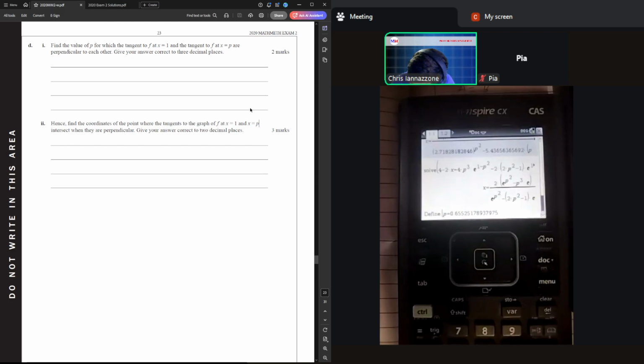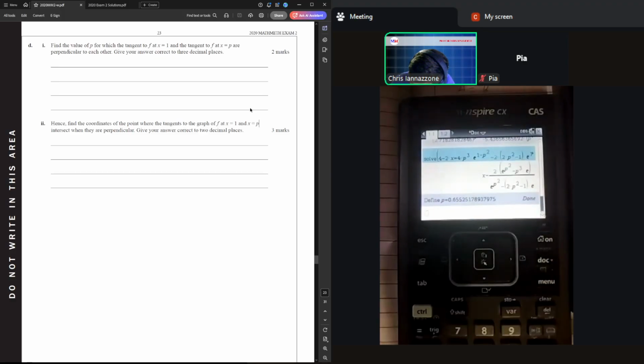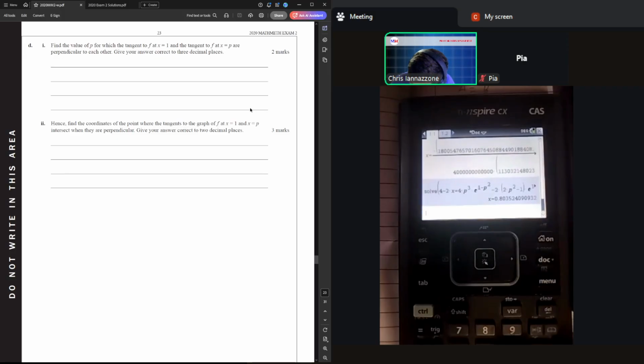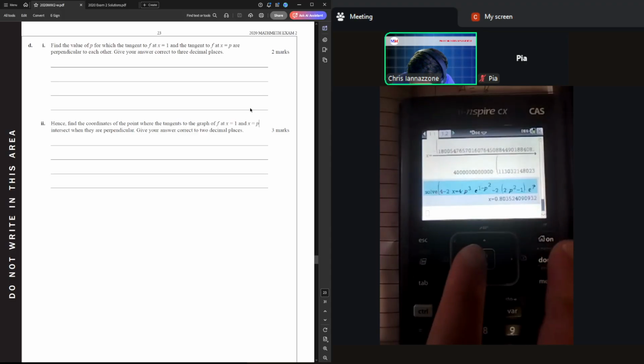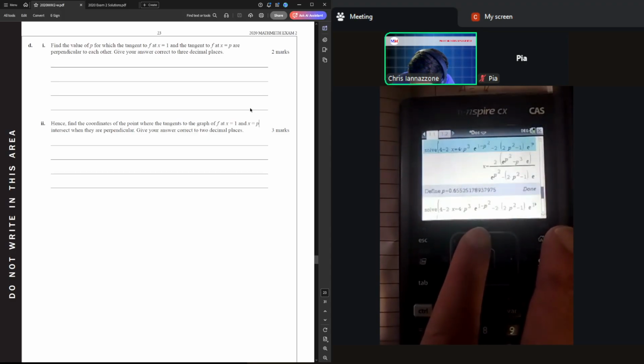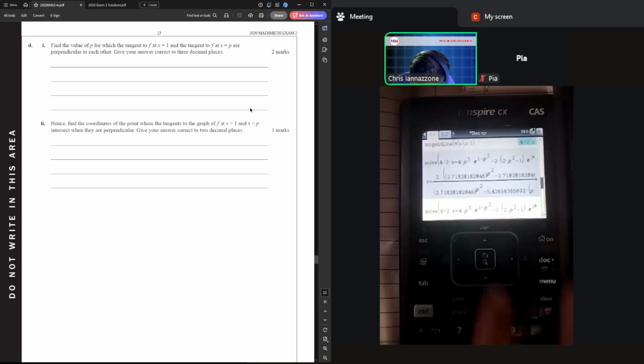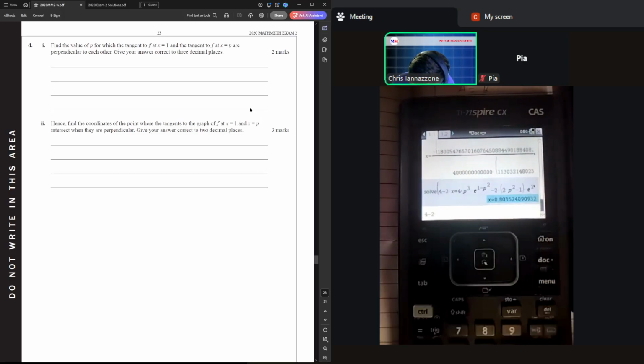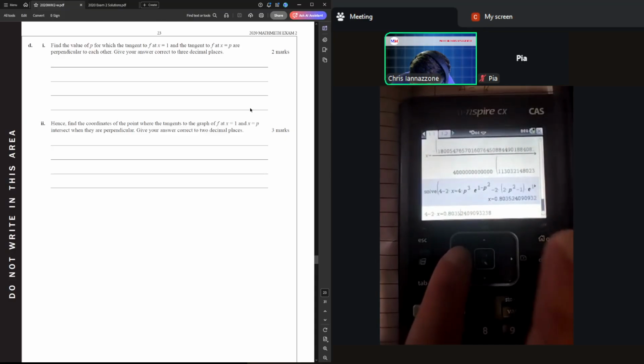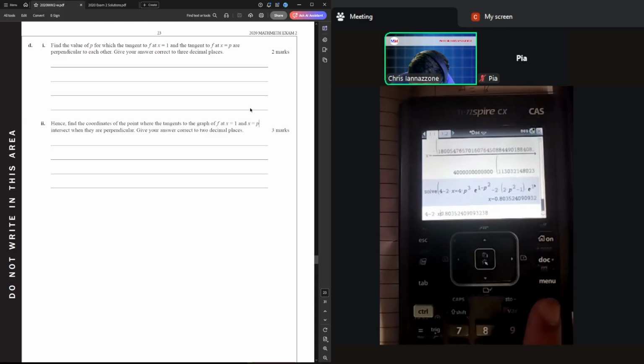Fine. That'll fix this up. I'll enter. Yep, cool. And then just shove that back into any of the functions. Doesn't matter which. Obviously, one is going to be significantly easier than the other. And that'll get you the corresponding y coordinate.